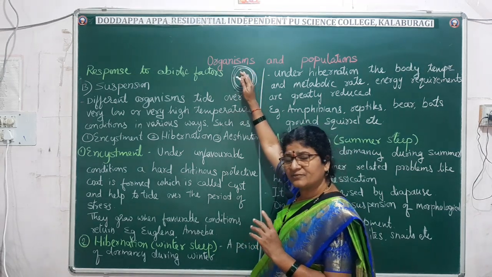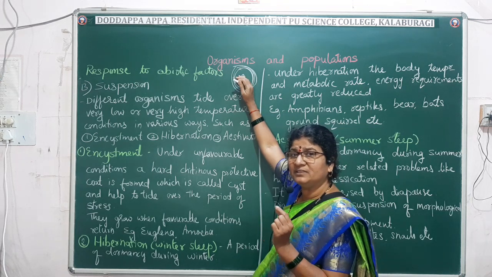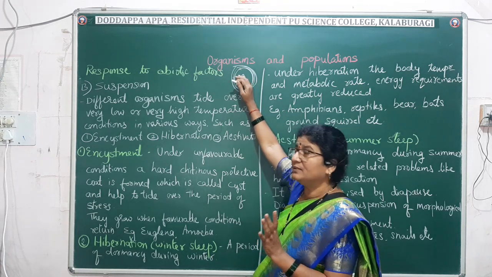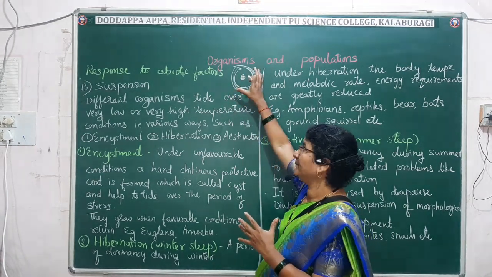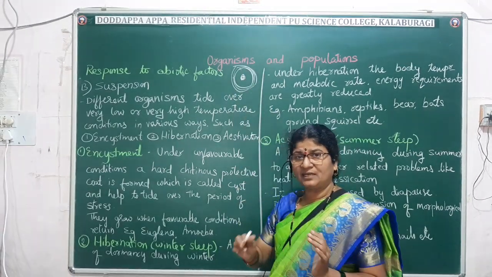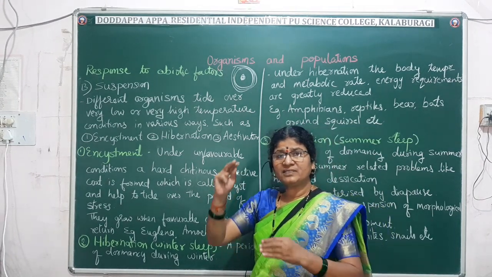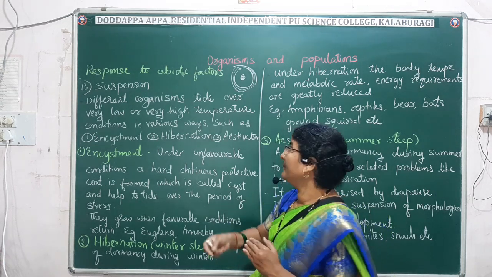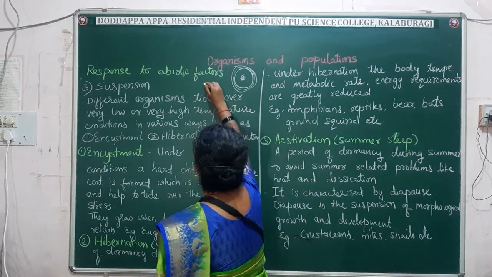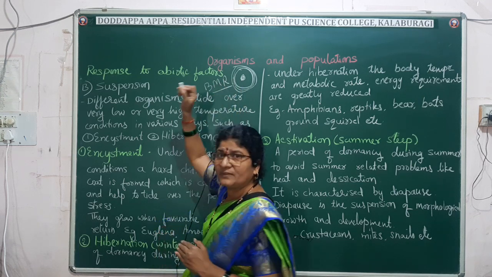In this cyst formation, it can remain for hundreds of years. The cell will be inactive in the body. Inside the cyst, the organism will be alive. All its metabolic activities will come to the basal metabolic rate, BMR.